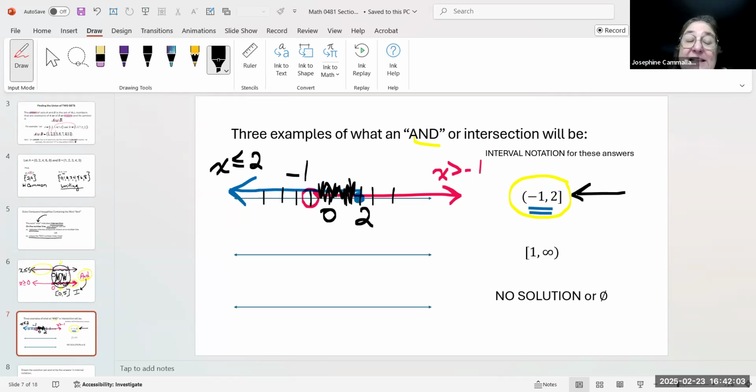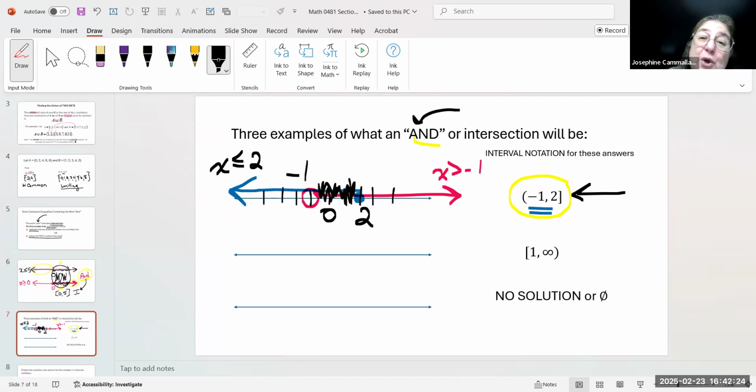Now, example 2 and 3 for an "and." This is where drawing the interval, drawing the number line gives you the correct, in this particular case, interval notation.